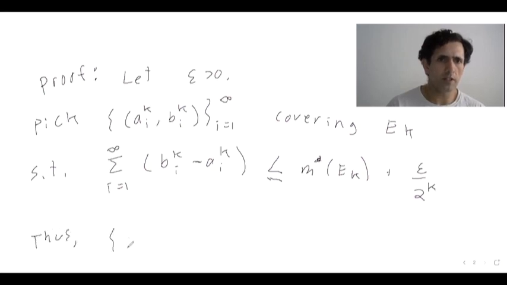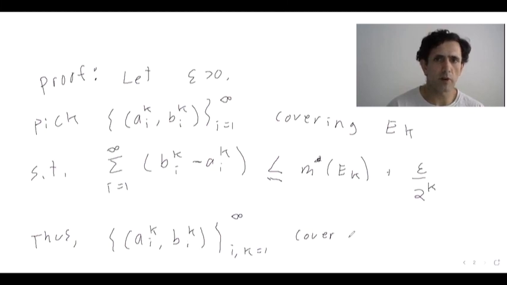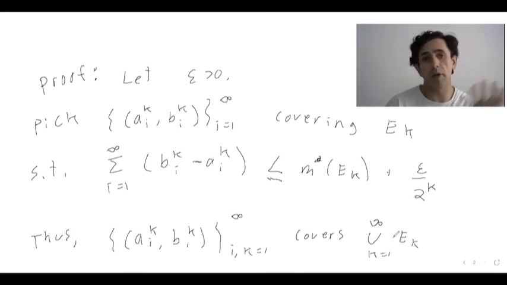Right, so what does this tell us? Well, first of all, it certainly tells us that if we just look at all of these intervals, then they cover the union. That's pretty straightforward. So we have a countable covering of the union by open intervals.